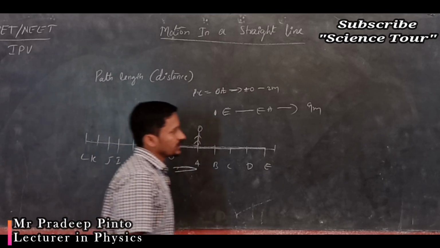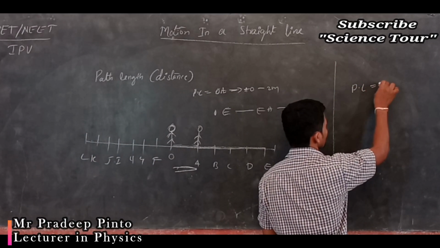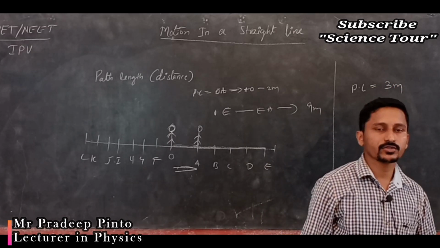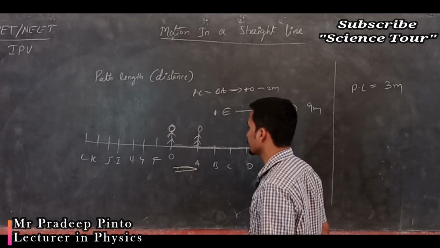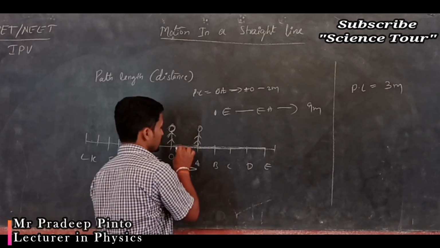Now my question is, I will tell you the path length is equal to 3 meters. Now you have to tell me the position of the person, where it is, whether it is A, B, C. What are you going to tell me? You will say that it is C, 1, 2, 3.